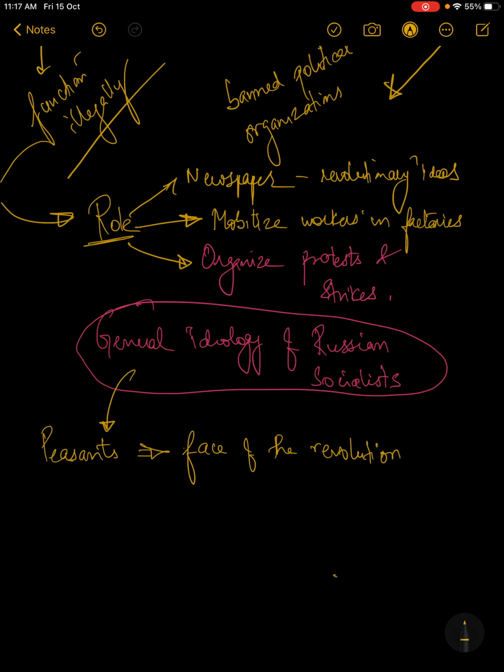Every party that comes into existence will have some aim or the other. Let us try to see what the Socialist Revolutionary Party that has just been created really wants in life.